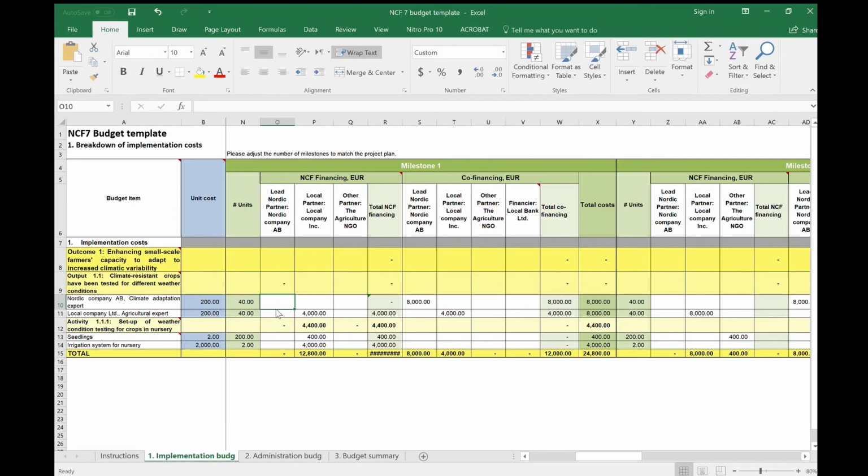Adjust the formula for the totals row furthest down so that it calculates only the outcome level rows to avoid double accounting of costs. Do this for all milestones tables as well as the total costs table, that is the blue table.